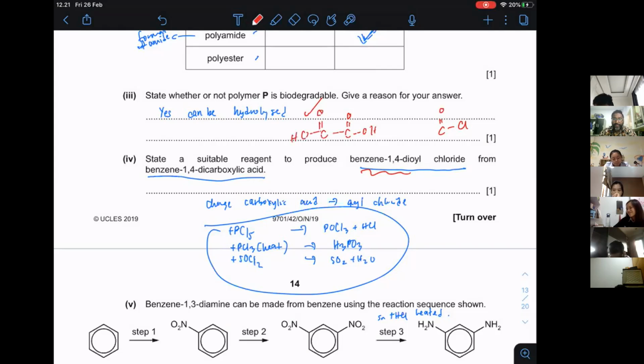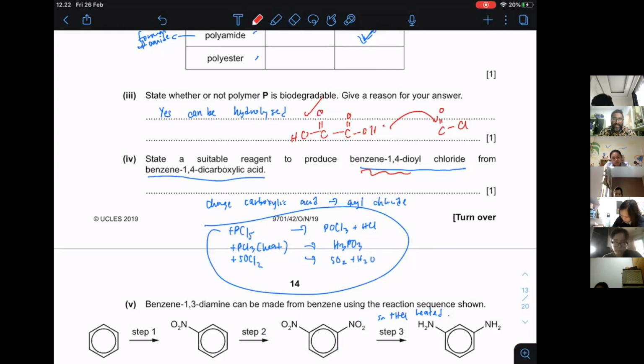So I want to produce this from there. How do you produce it? From carboxylic acid to become acyl chloride. You can change carboxylic acid to acyl chloride.